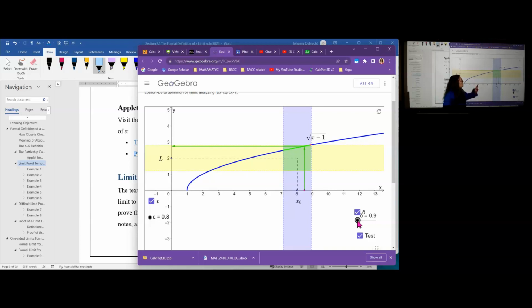Did you see that little bit of red popping up in here? This means that if I'm going to be close enough, I've got to make sure that this distance is less than where I am now. I can always take a delta that's smaller and they'll all fit still within the band around L.